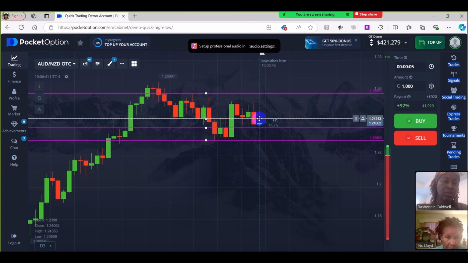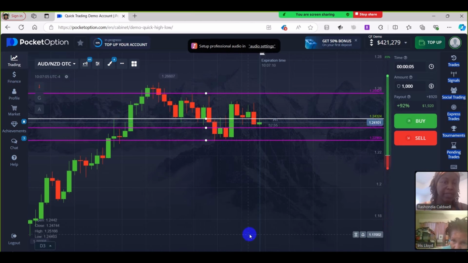It's trying to go up to that line where this one was, can't pass it, and drops back down. Look at these two right here. These two came up to that line. This one passed it a little bit, but it came back down. It doesn't like this area for some reason. It doesn't like this price, so it comes back down.